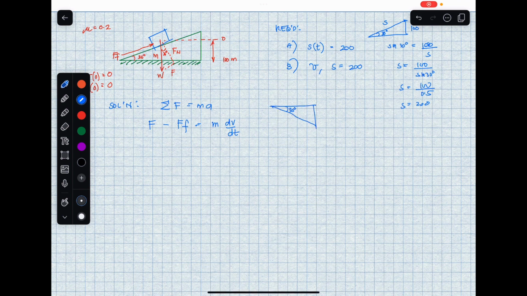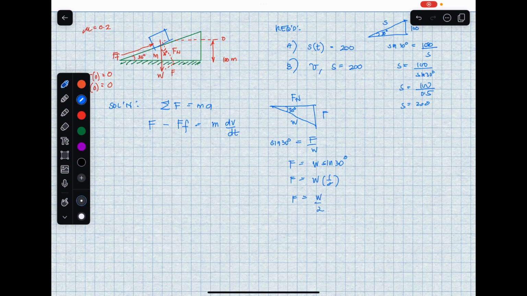This is 30 degrees, this is the force, this is the weight. Therefore sine 30 degrees equals force over weight. So force will be weight times sine 30 degrees. But sine 30 degrees is 1/2, so the force is W over 2.